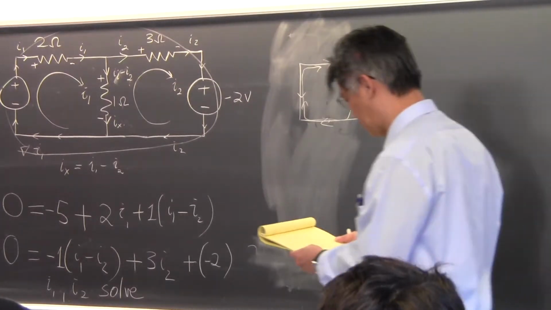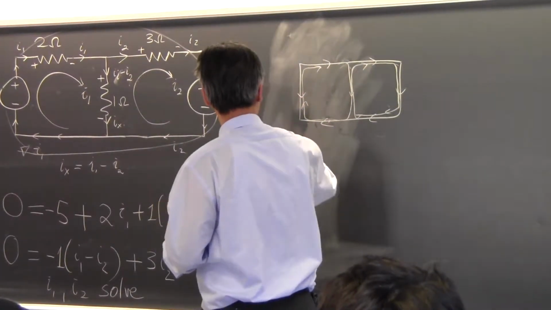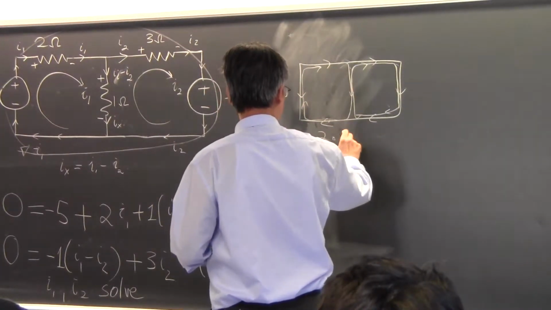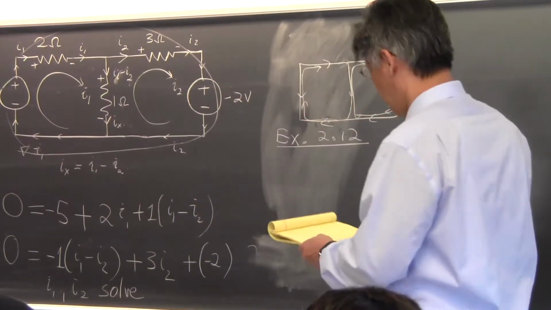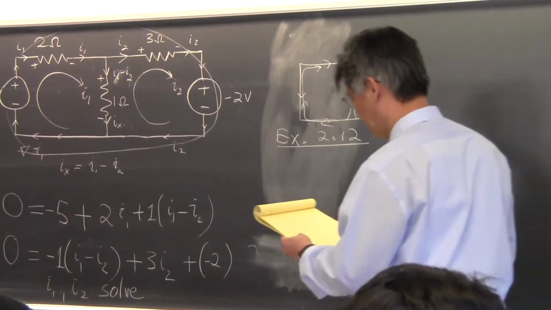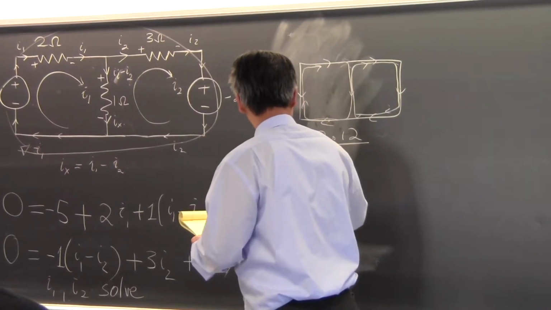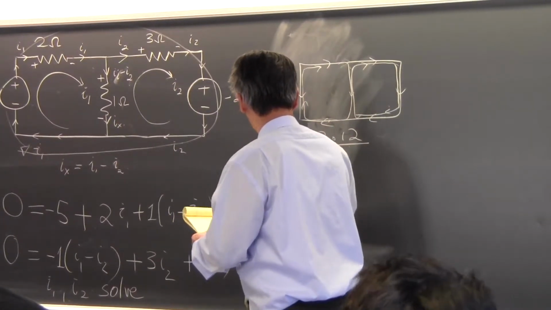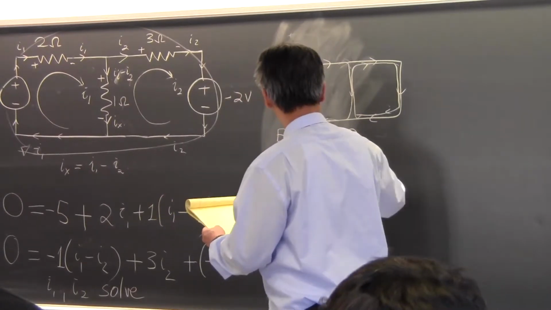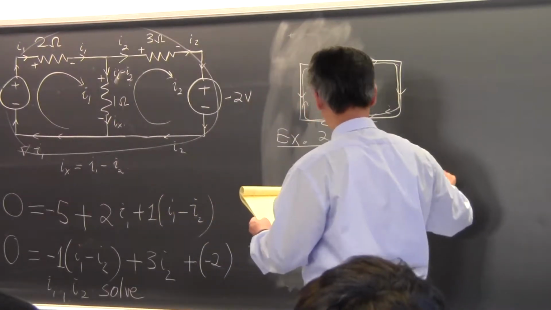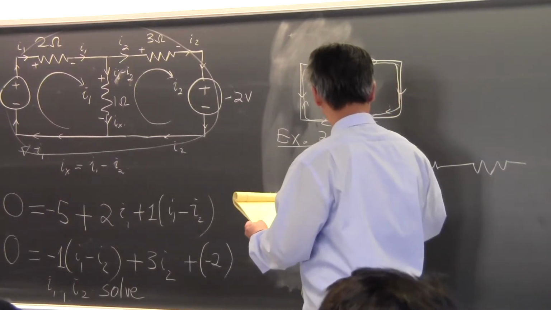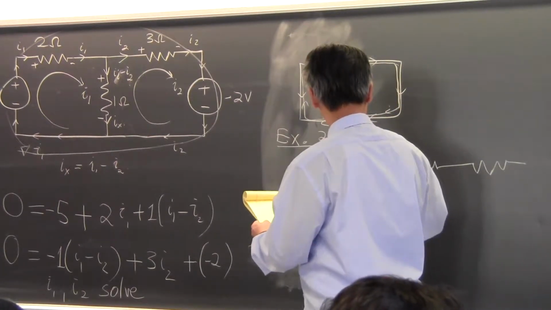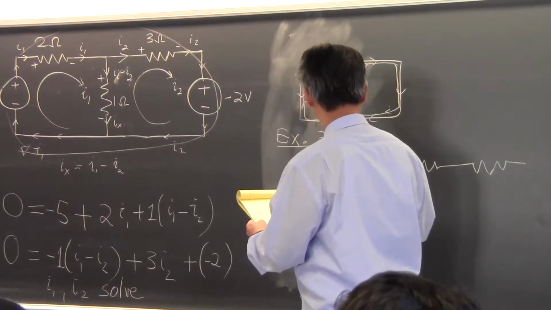So let's do another example. Example 2.12. This picture here looks somewhat like this, that I have 14 volts over here, and then I have 2 ohms, 4 ohms, 2 ohms, and then I have a controlled voltage source.